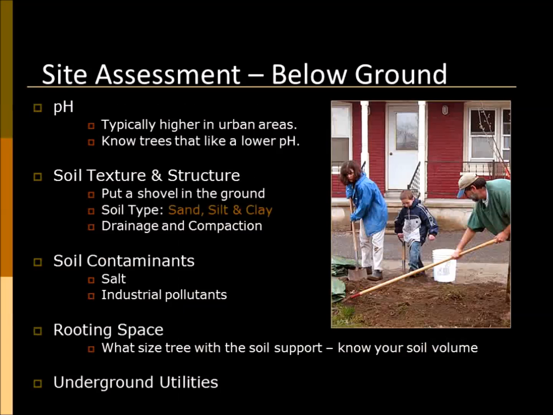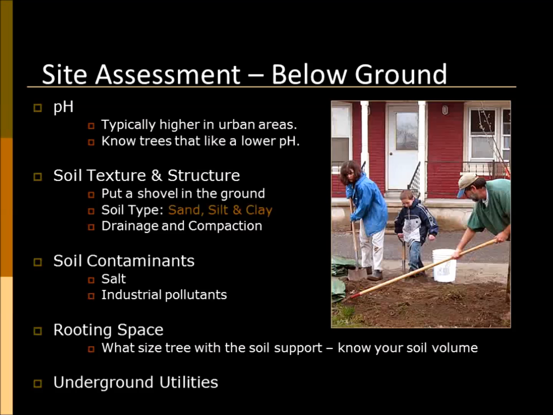So, site assessment below ground, as I had already mentioned, is very important, and you'll see listed a number of things to look at. pH is important because you'll need to know the requirements of the particular trees that you choose. They're typically higher in urban areas.